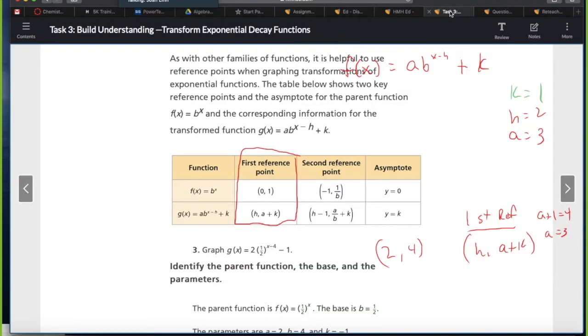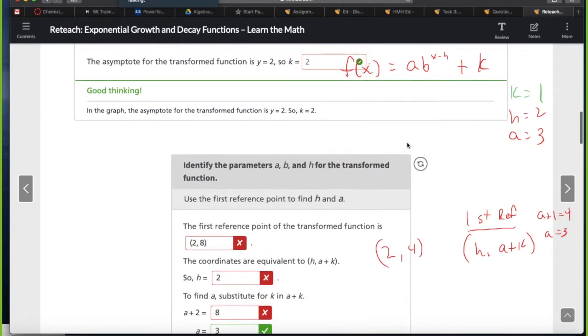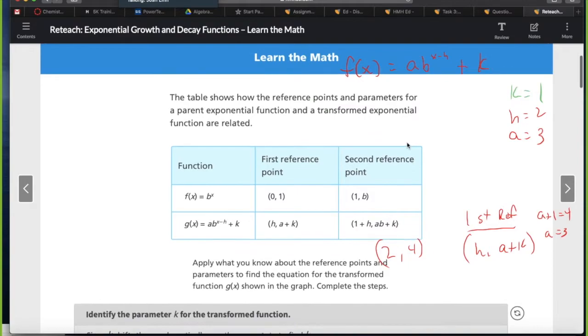So now the second reference point. In this chart, our second reference point is 1 to the left, so that's not going to help us. After digging a little bit, I found this chart, which you will notice has our first reference point, same thing.